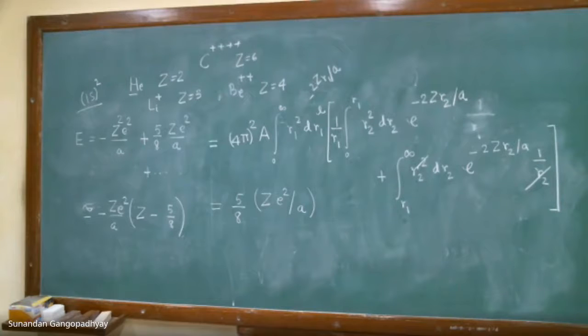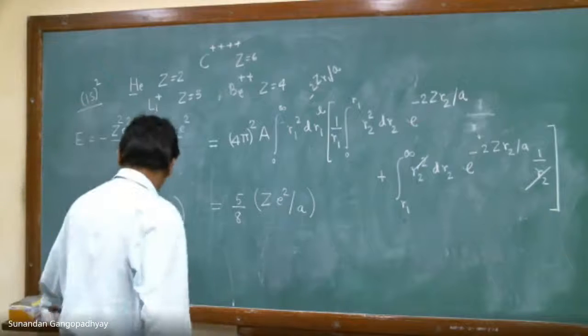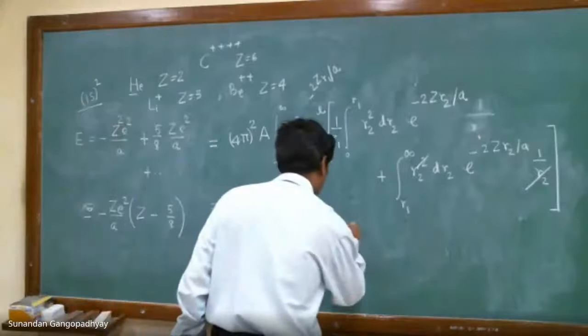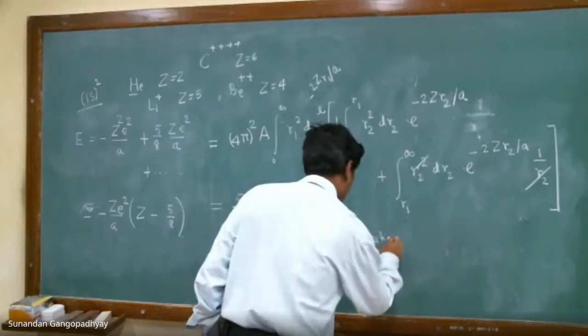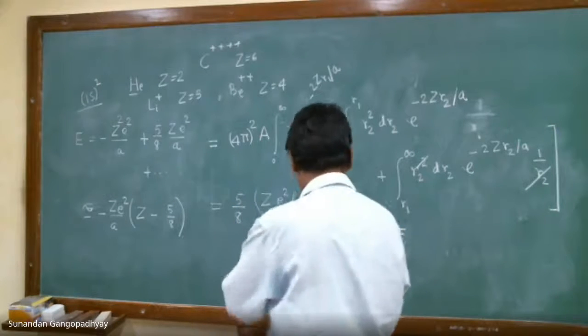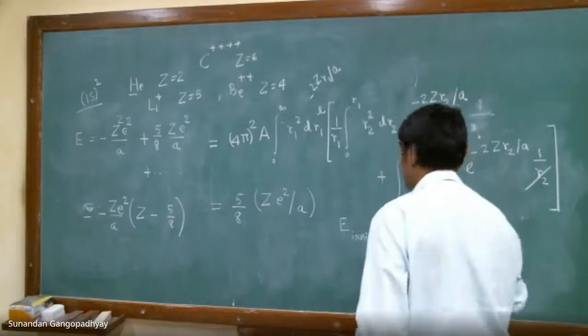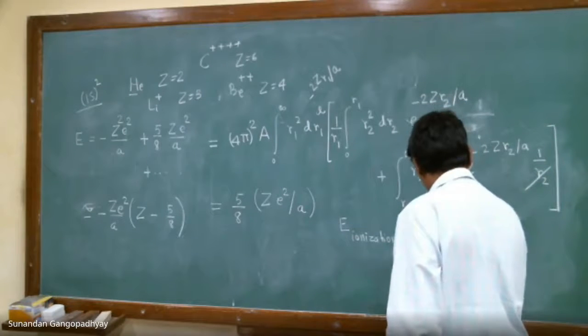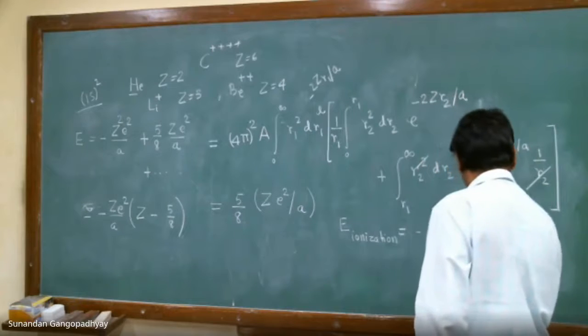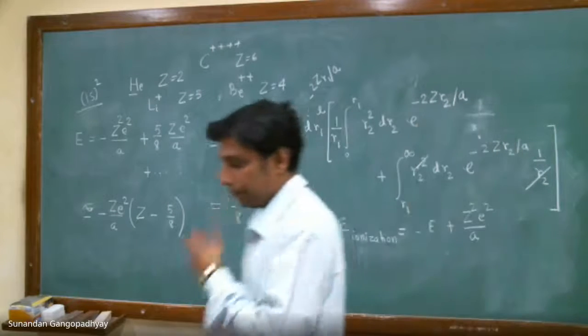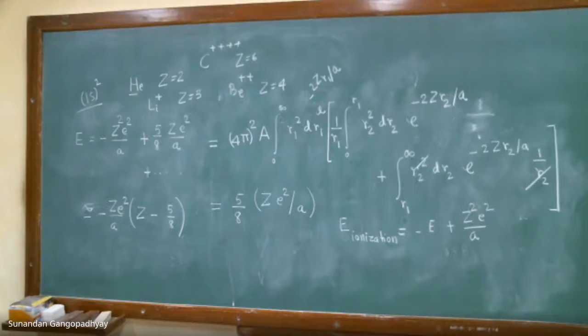And now you can immediately calculate what the ionization energy is. The ionization energy is defined in this way. It is defined as minus E plus Z²e²/a. It's the definition of the ionization energy.